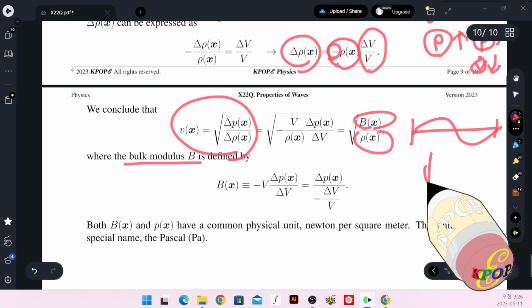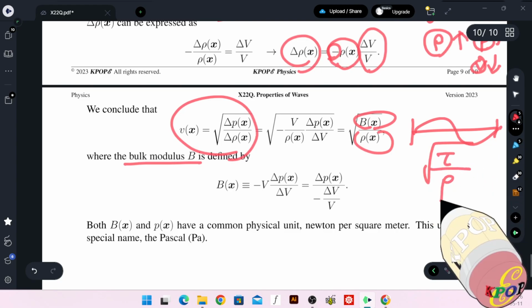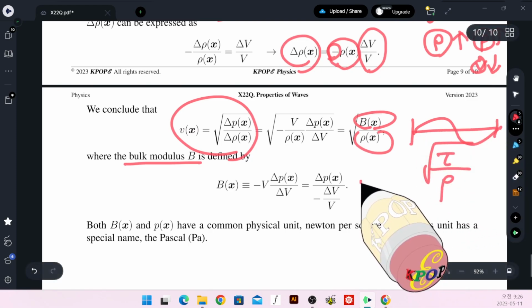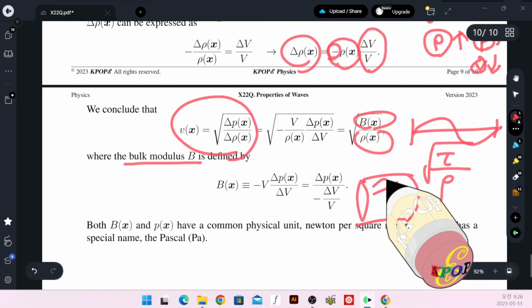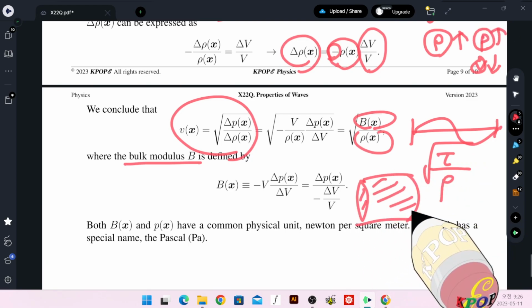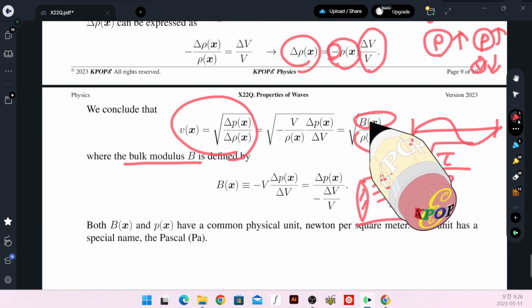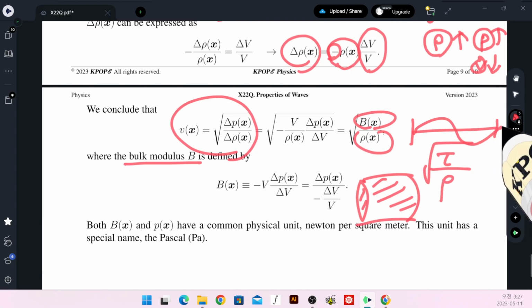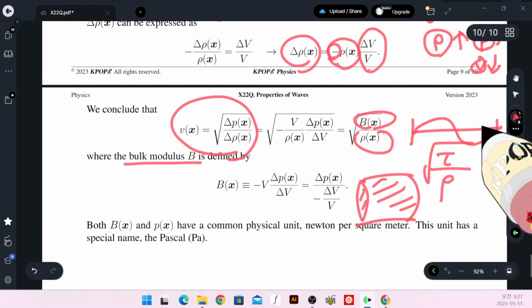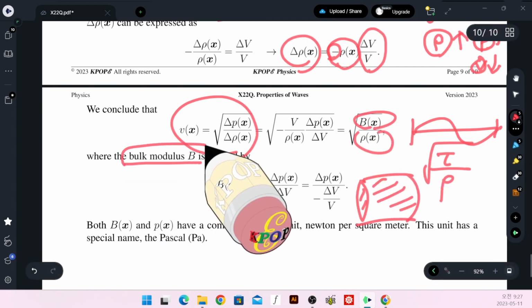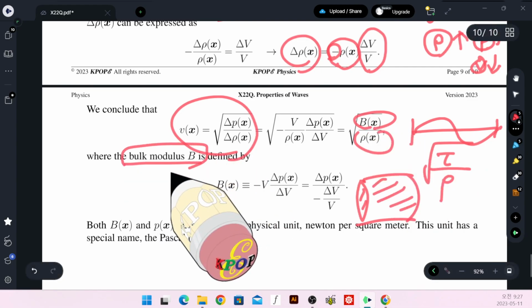We recall that for wave propagation in a tight string vibration, it was the tension divided by rho. Just like the tension in the vibrating string, the gas molecules inside the cylinder behave as a tightened string, and that is parameterized by the bulk modulus B, just like tension.